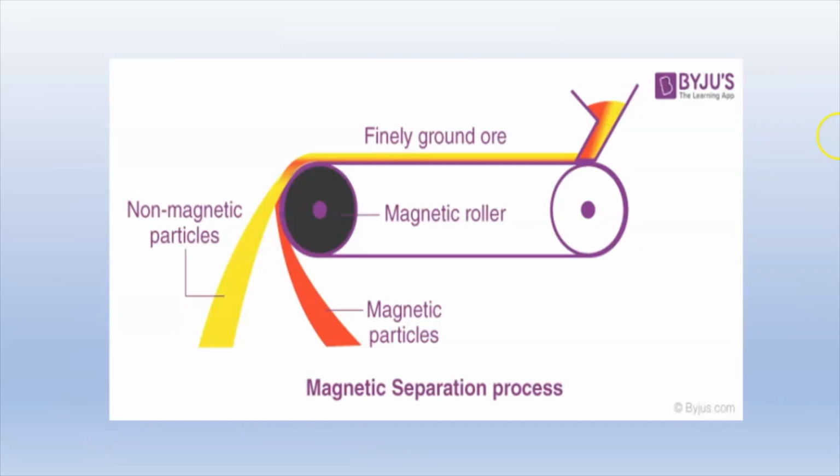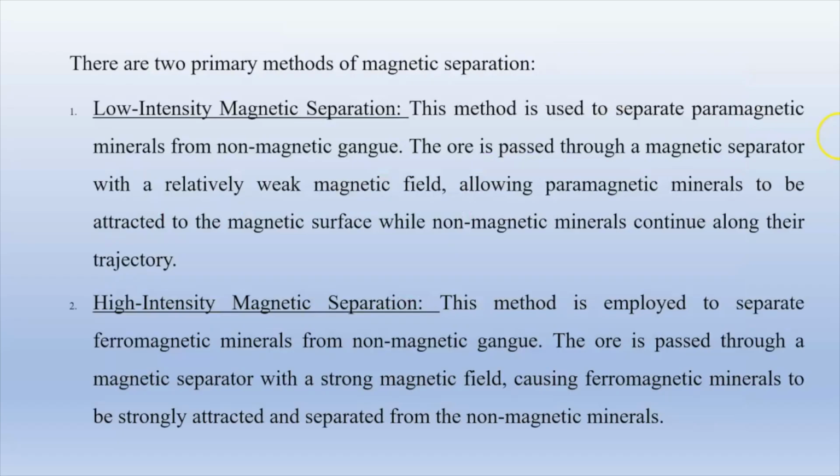This figure represents how the magnetic separation process takes place. There are two primary methods of magnetic separation, namely low intensity magnetic separation and high intensity magnetic separation. Low intensity magnetic separation can be used to separate the paramagnetic minerals from the non-magnetic gangue.